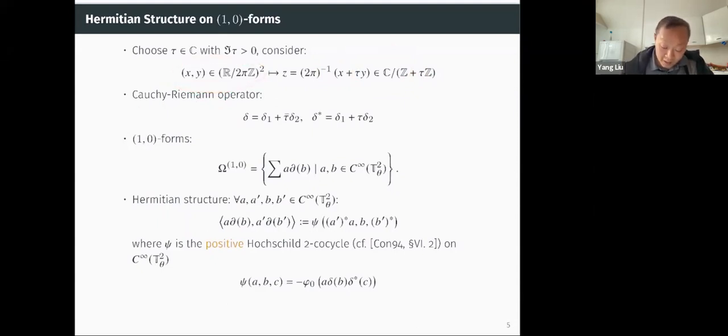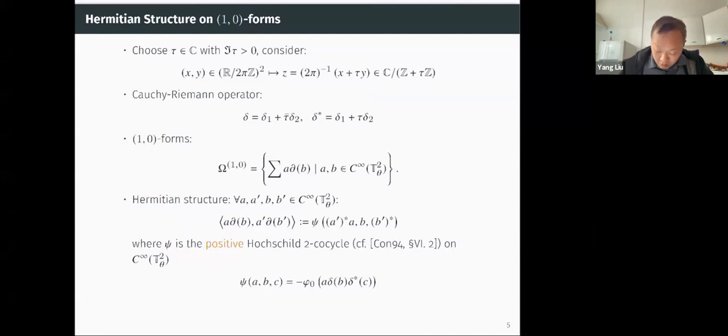Then we find the analog of this Cauchy-Riemann operator on non-commutative tori. Here tau is the parameter on the upper half plane which parameterizes all the complex structures. Now delta tau and its adjoint delta tau star play the role of the d-bar operator and its adjoint on a Riemann surface.